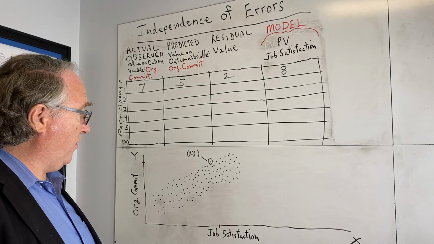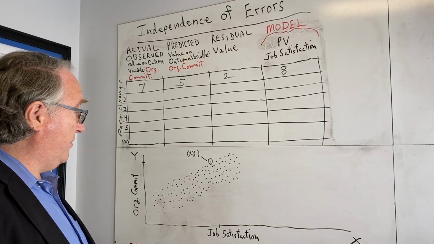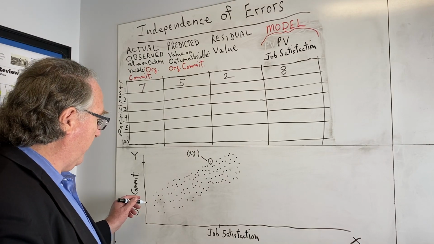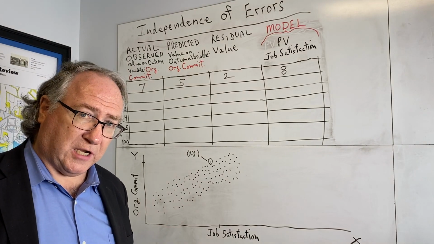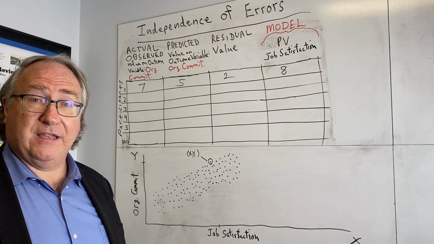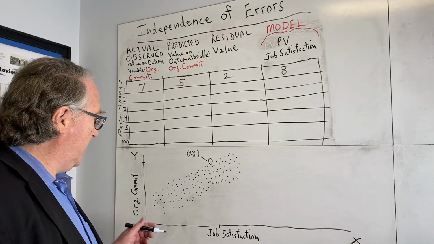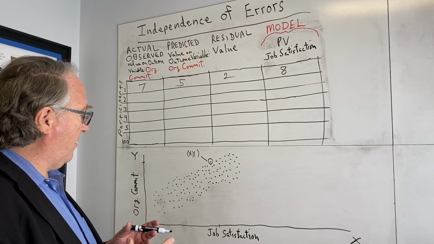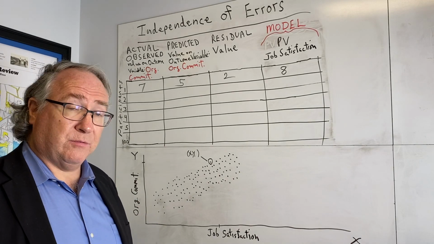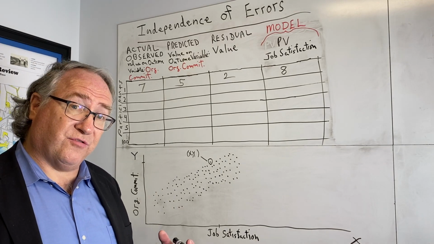Now let's do something else. We're going to draw a regression line, which is a reflection of the regression equation, which I talk about in other videos. This regression line is sometimes referred to as the line of best fit.